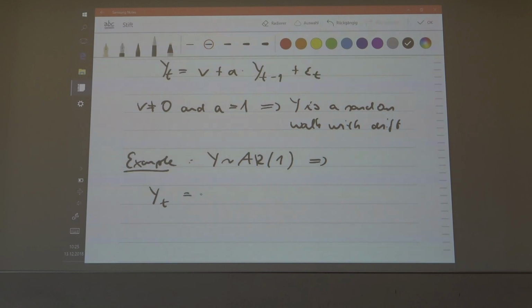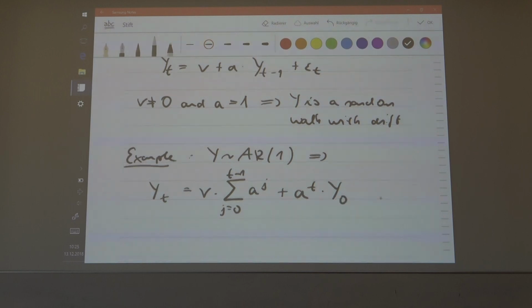So here you have v times the sum from j equal to 0 to t minus 1 of a to the power of j, and then plus a to the power of t times y_0. So that was the starting value.